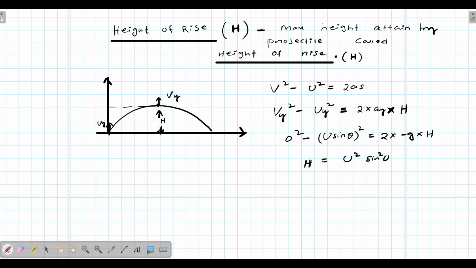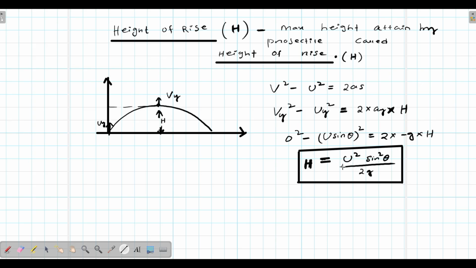H equals U square sine square theta divided by 2g. That is the height of rise.